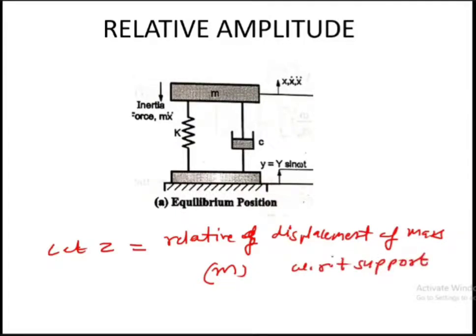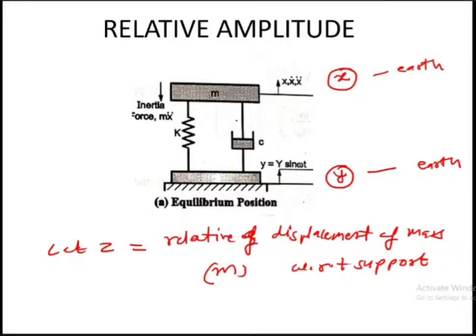Now guys, just try to understand that in absolute amplitude, I have considered x as the absolute displacement of the mass m with respect to the earth coordinates, that is the road surface. And I have considered y as the absolute amplitude with respect to the earth coordinates, that is the road surface. Now I am considering that this mass m has a relative displacement with respect to the support.